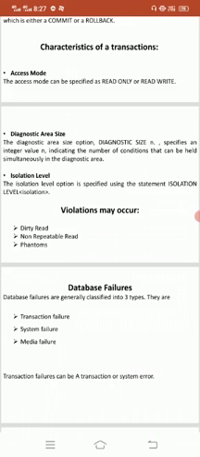The main characteristics of a transaction: the first is access mode, the second is diagnostic area size.